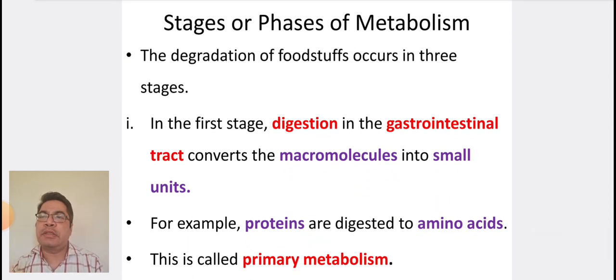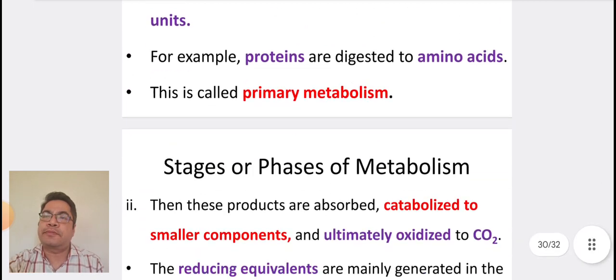Coming to stages or phases of metabolism. The degradation of foodstuffs occurs in three stages. In the first stage, digestion in the gastrointestinal tract converts the macromolecules into small units. For example, proteins are digested to amino acids. This is called primary metabolism.